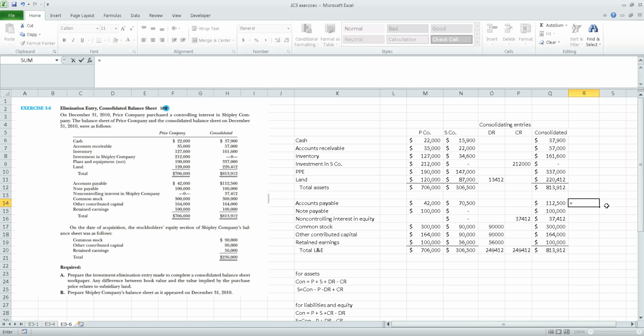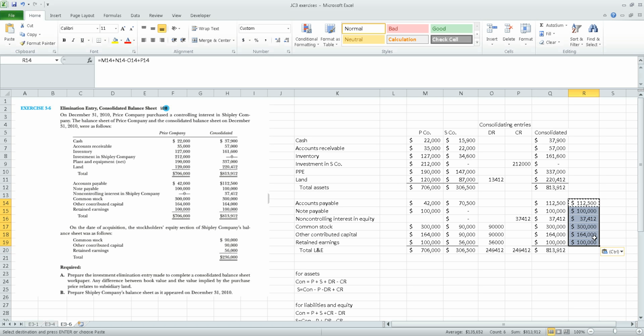So we take the parent company's number, add to it the sub's number, reduce that by any debits made to these liability or equity accounts, and increase it by any credits made to the accounts. We did get 112.5, so let's copy down, make sure our other check figures are right, and they are.